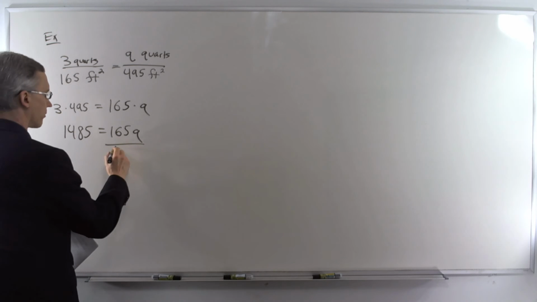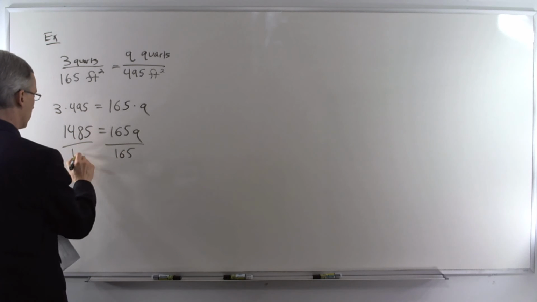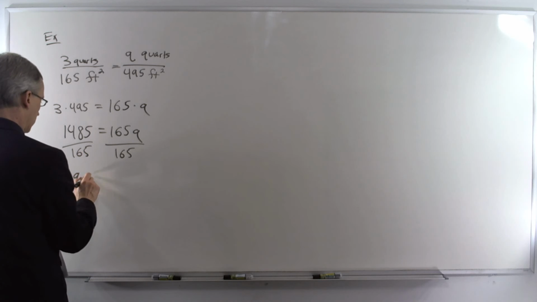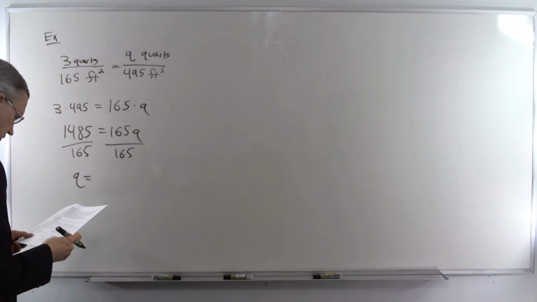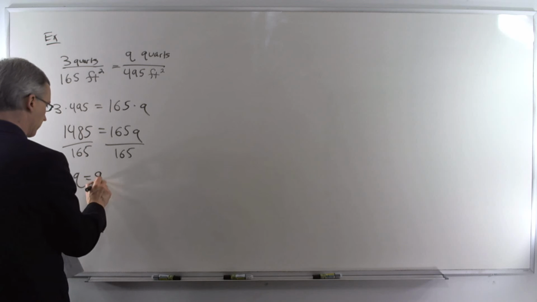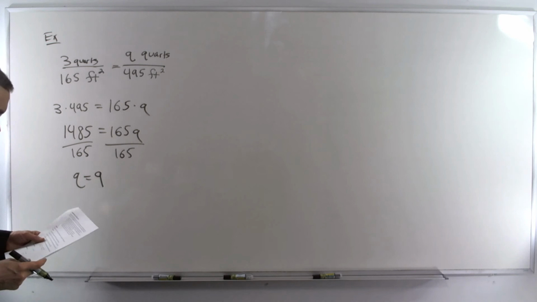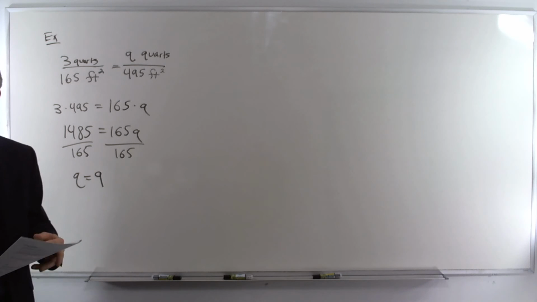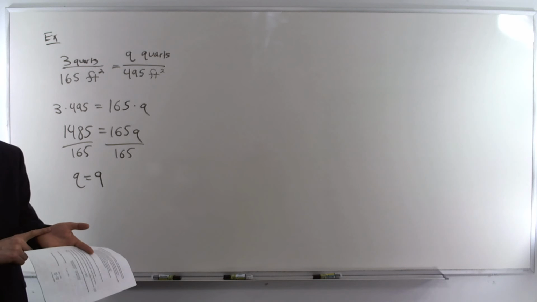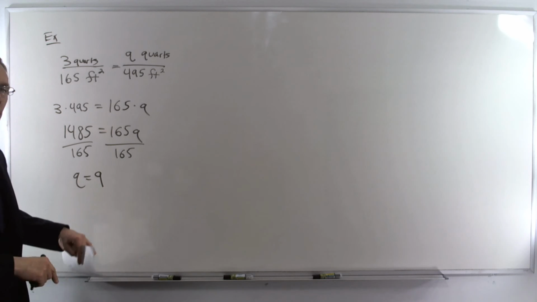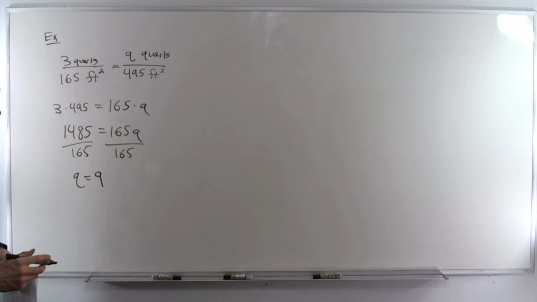And we'll divide each side by 165. And that gives us Q is 9. Now in answering an application problem like this, I want an answer with a sentence telling the number, the units, and what we're talking about.